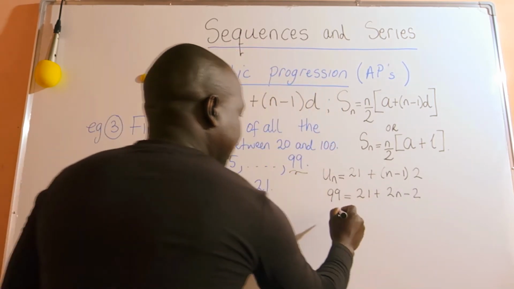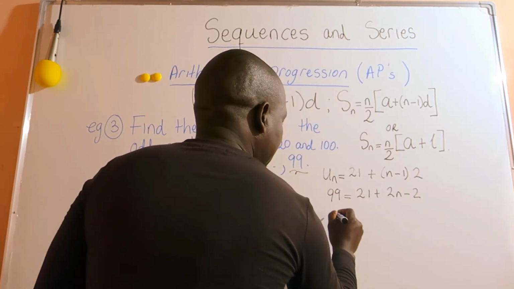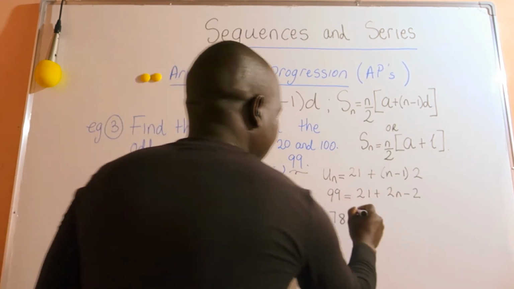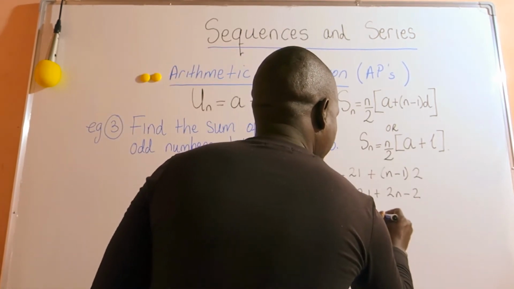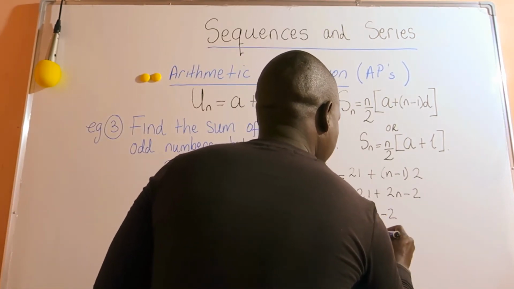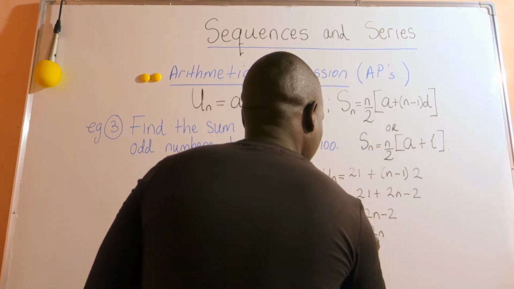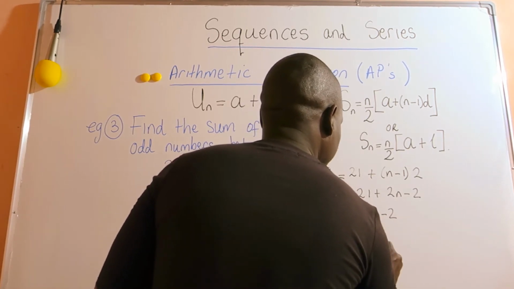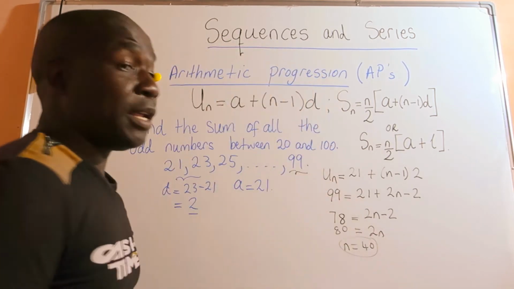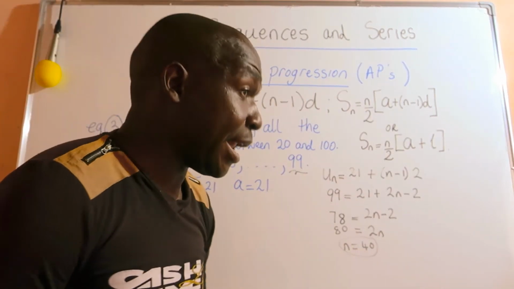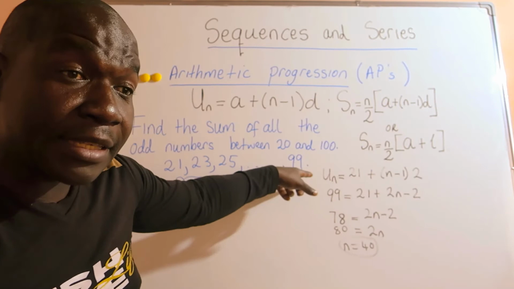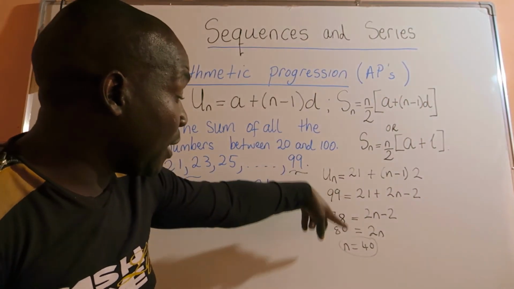Right, so if I take this side, I've got 80, and this is going to be equal to 2n minus 2. So 2n is equal to 80, so n is equal to 40. So I'm going to explain once more. If you do not have n, use the nth term if you have the last term. The last term will be your nth term and then you have n.